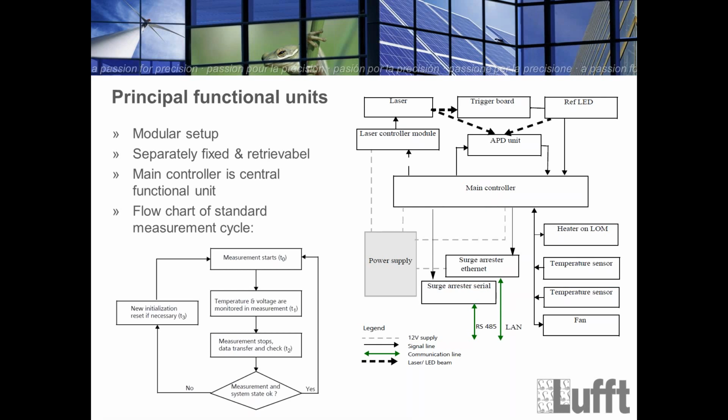So all of these statuses from these units are measured and controlled by the main controller. And the modern functionality of these units is they deliver a very high quality status to the end user.